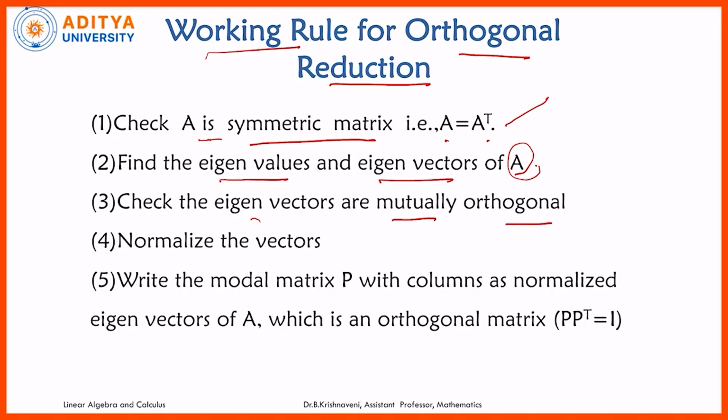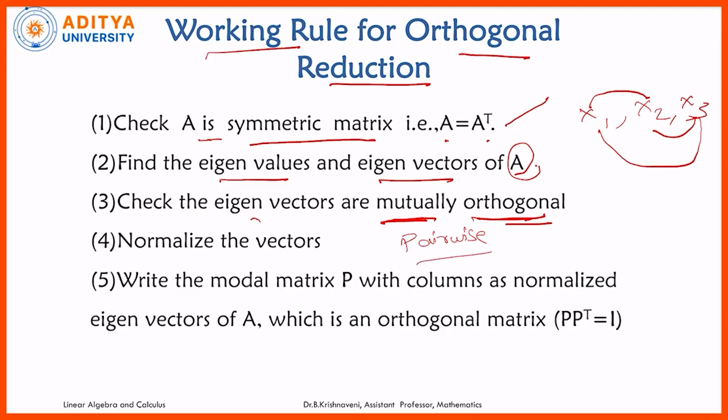Suppose you get three eigenvectors x1, x2, x3. They must be mutually orthogonal, which means we need to check x1, x2, then x2, x3, as well as x1, x3. If all three pairs are orthogonal, we say they are mutually orthogonal, or pairwise orthogonal.